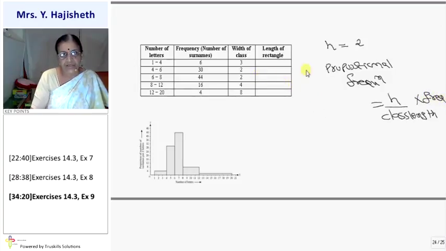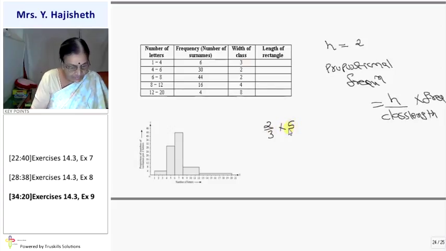Here 3, so 2 by 3 multiplied by 6. So 3 2 जा 6. So पहले का क्या आएगा? Proportional frequency 4 आएगी ना.